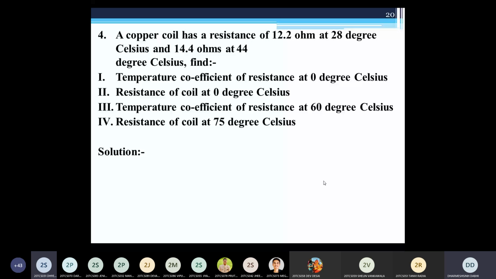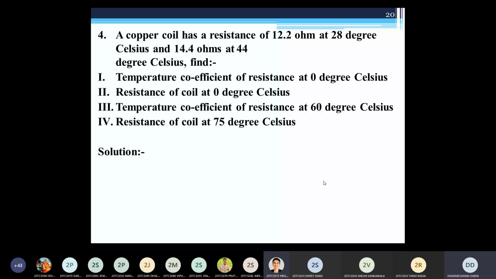Sir, 0.137. No. Sir, 0.016. Yes, the answer is 0.016. What is the unit of temperature?